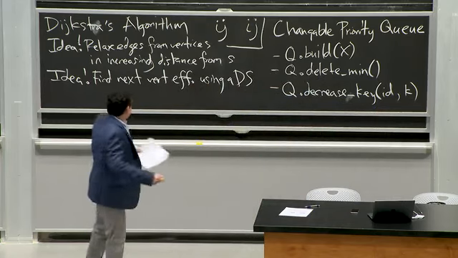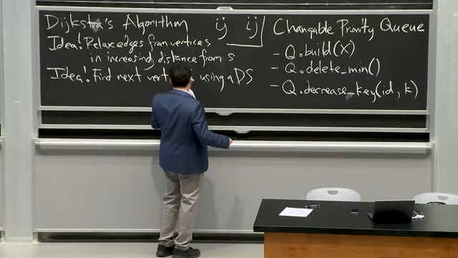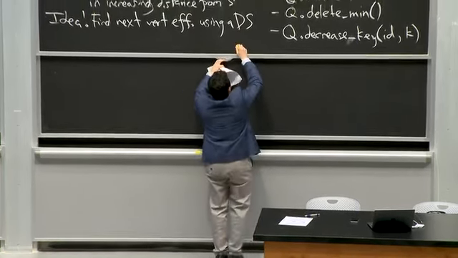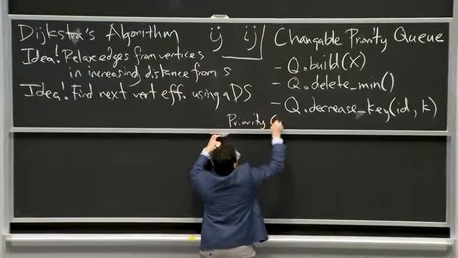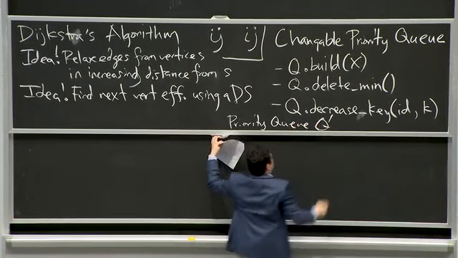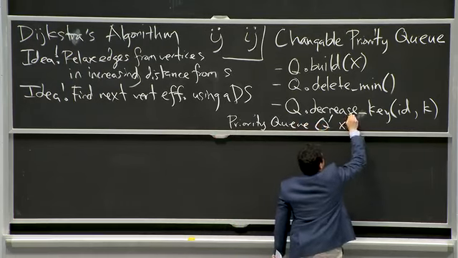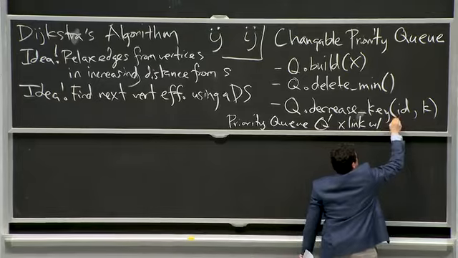Okay? So the idea how to implement this is going to be to use a regular priority queue, I'm going to call it Q prime, and I'm going to cross-link it with a dictionary D.